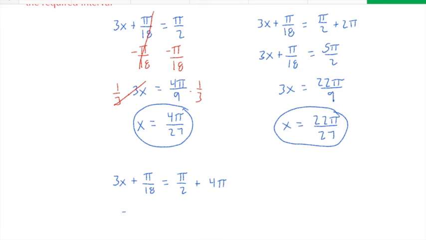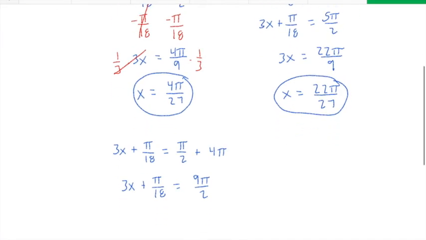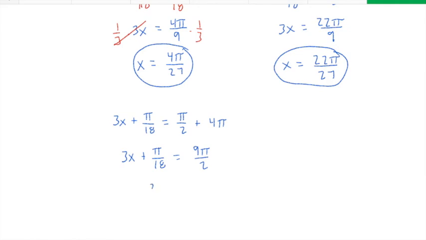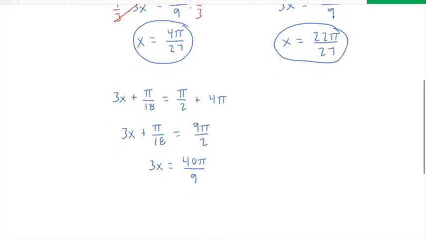Either way, you should end up with pi over 2 plus 4 pi, which is 9 pi over 2. Then you'll subtract pi over 18, get a common denominator and reduce. That'll leave you with 3x equals 40 pi over 9. Multiply both sides by 1/3 and you'll end up with 40 pi over 27, which is also in the interval 0 to 2 pi.